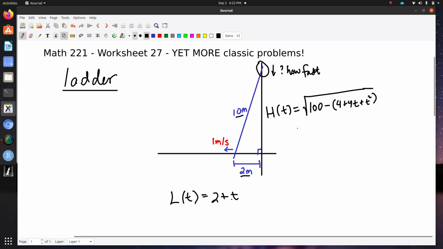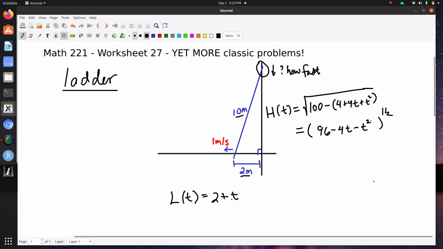And so we want to actually find what is going on with h. We're not doing a minimization question, so we can't deal with just the square of the function. We actually want to know the actual rate. So 100 minus 4 is 96, and then minus 4t and minus t squared.